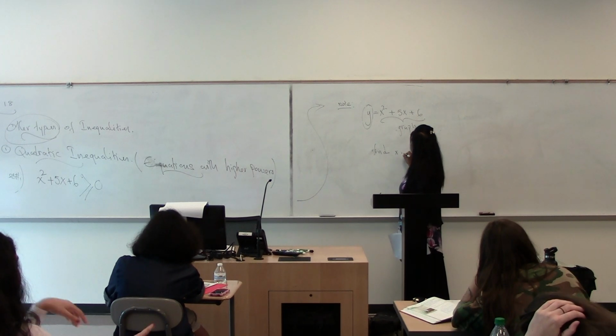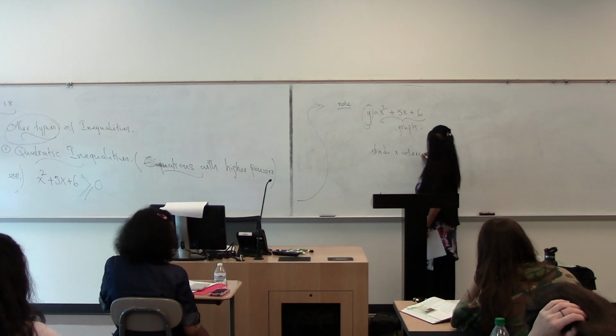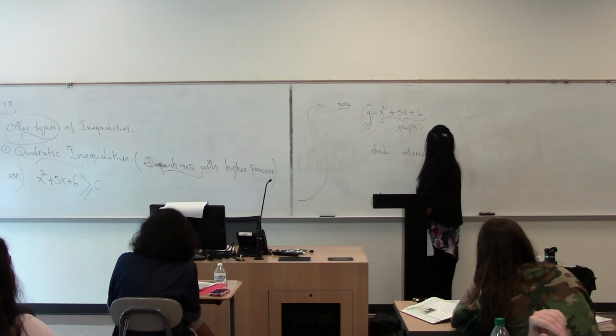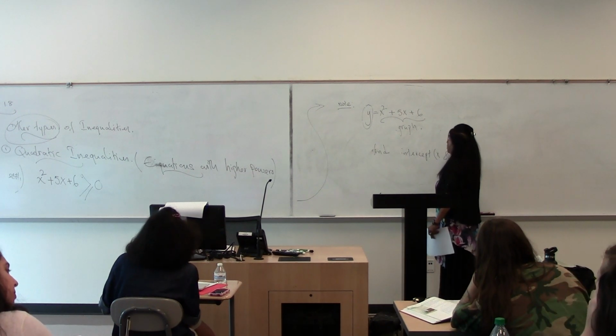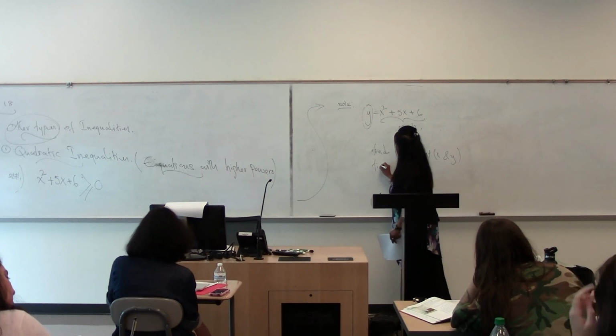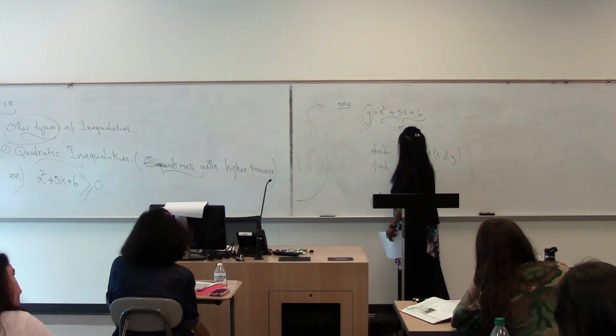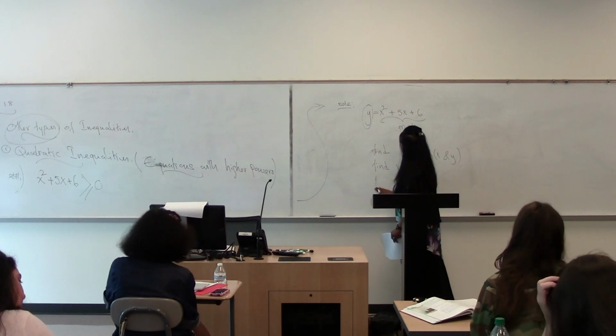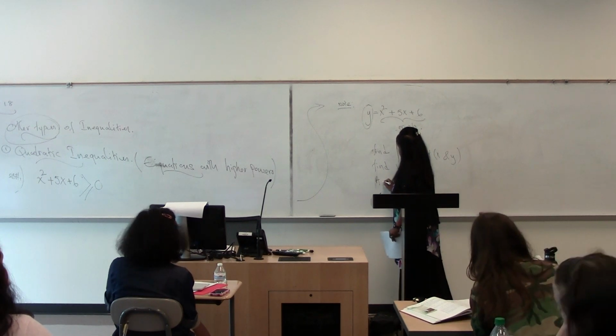the x-intercepts. Find the intercepts. So these are x and y intercepts, and then find vertex, find y intercept, and use axis of symmetry, right?